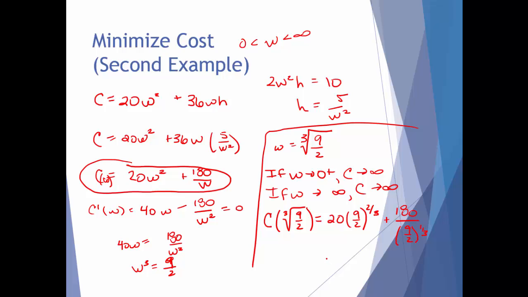Now, it's a money problem. It's very appropriate to get a decimal representation and not to use an exact answer. And it's also understood you should be rounding to the nearest cent because that's what we usually express cost in, dollars and cents. So if you put that into a calculator, you should get about $163.54.